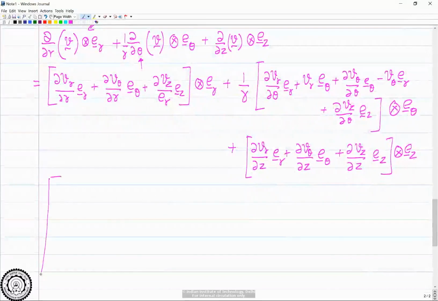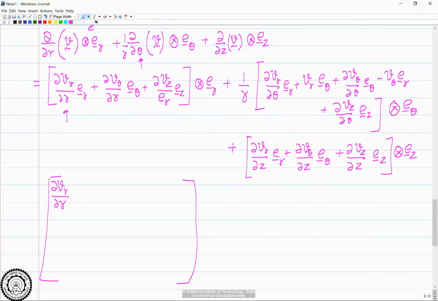If I want to write it in a matrix form, what will I get? So in the matrix, the 1 entry is for Er tensor product Er, and that's just this term here. So you have del Vr by del r. In the 1, 2, you have to see all Er tensor product E theta. So where are Er tensor product E theta?